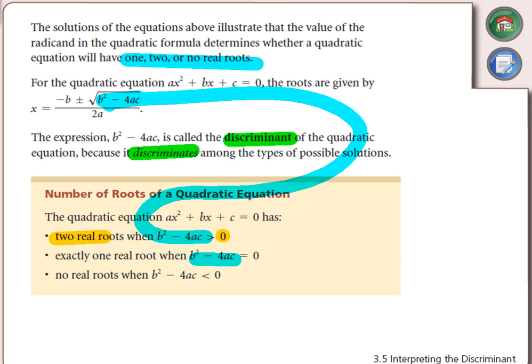We're going to have the identical roots, or one real root. And then if it's less than 0, that means we'd be taking the square root of a negative number, no real roots. So this first one was the square root of a positive. The second one was the square root of 0. The third one's the square root of a negative.